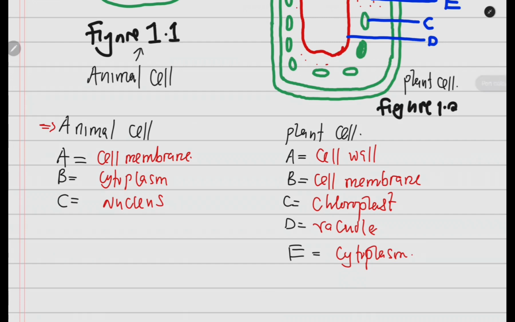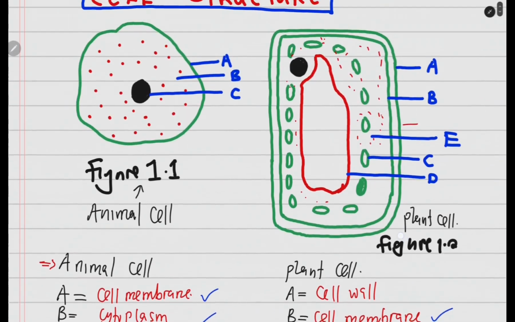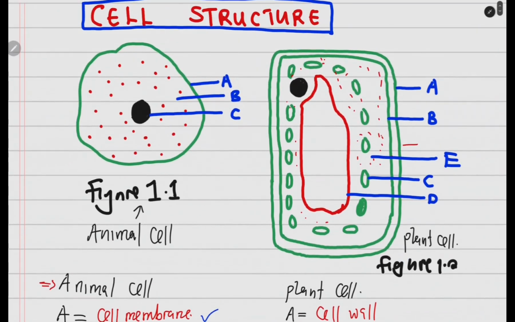Now, the other thing that you should know are the similarities between plant and animal cell. So the similarity is in the parts that they have. They both have cell membrane, as you can see. Then they both have cytoplasm. Then nucleus, they both have the nucleus. I've forgotten another part. So the other part that we should take note of is this part right here.